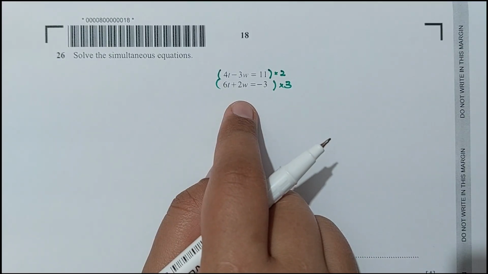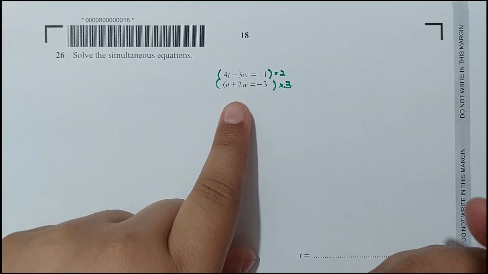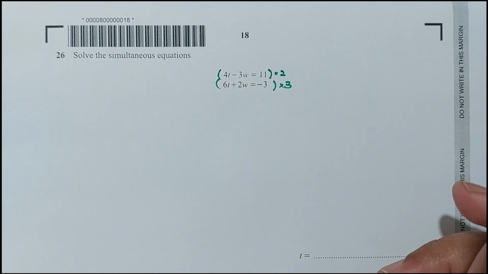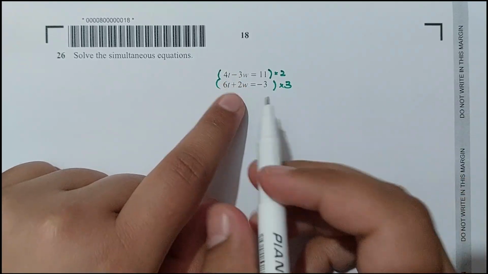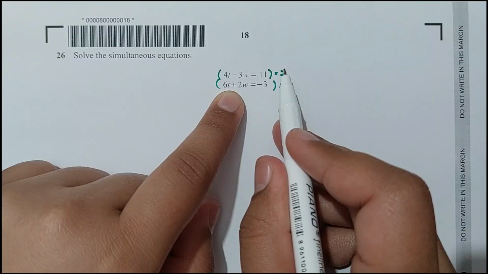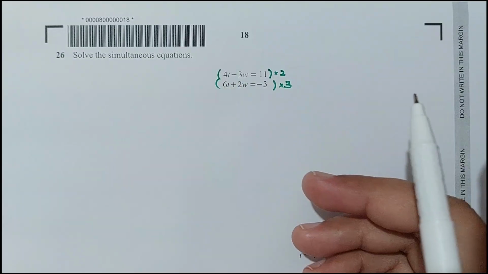To solve a system of linear equations, there are two methods: the method of substitution or the method of elimination. For the elimination method, you can cancel the t or w. Any one variable you have to cancel and solve for the other one. So I want to cancel w because they are in opposite signs. So you have to multiply the first equation with the opposite coefficient, which is 2, and the second with the other opposite coefficient, 3.